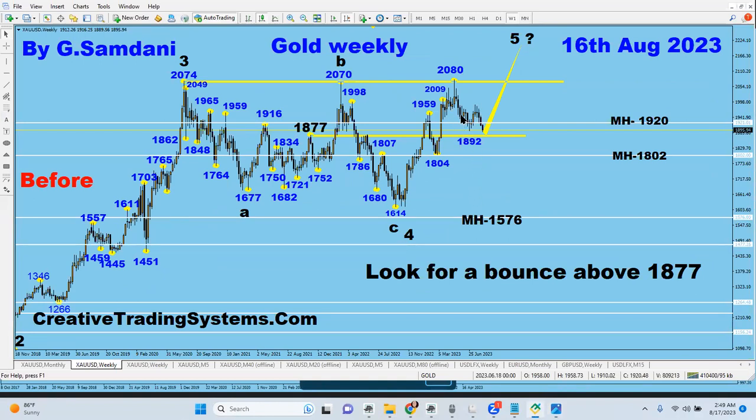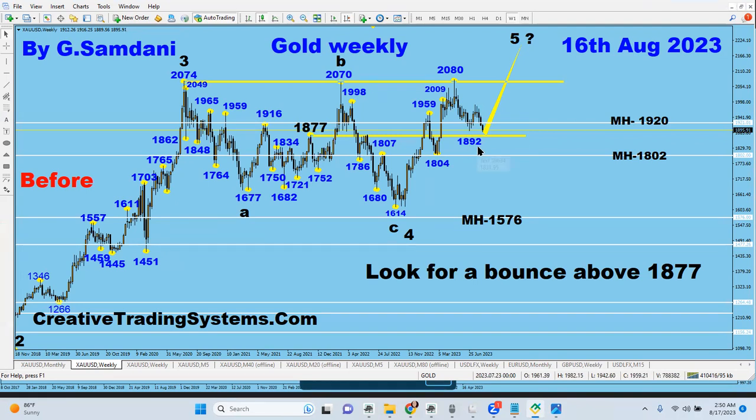I made that chart from here to come down to 1877. It came down very close, not touching 1877, but very close, and then bounced a little bit. And now again it's coming powerfully to the downside to touch that 1877. Right now it is at this low here, 1892.